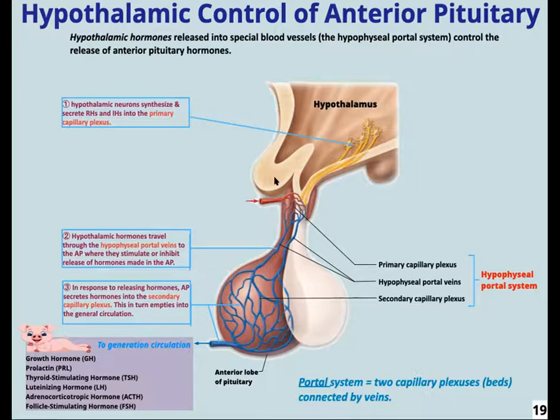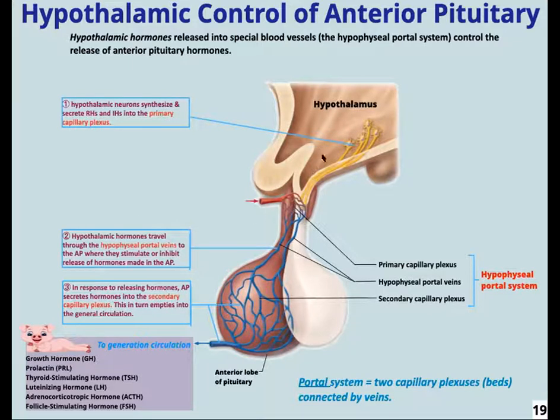Recall from anatomy, a portal system is a system of two capillary beds lying in series. So instead of going from artery down to capillary and then into the venous system, the arterial blood enters one capillary bed, and then before it gets to the venous side of the system, it goes through a second capillary bed. So this is what a portal system is.